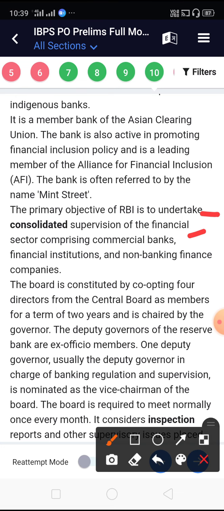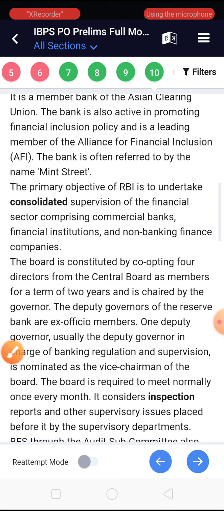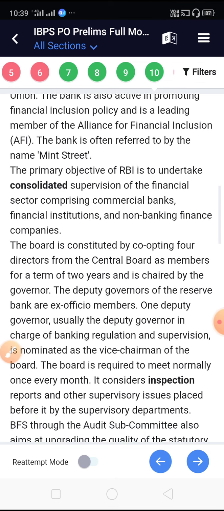The board is constituted by the co-opting of four directors from the central board as members for a term of two years and is chaired by the governor. The deputy governors of the Reserve Bank are ex officio members.